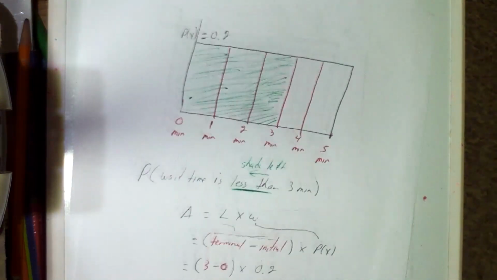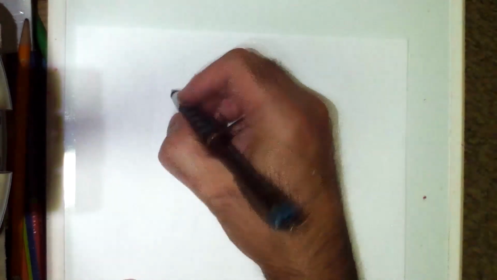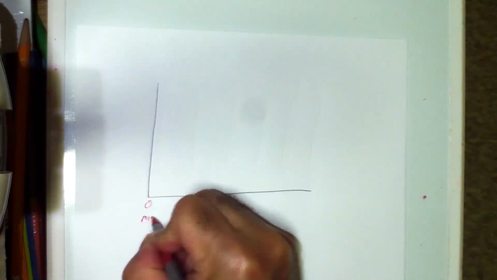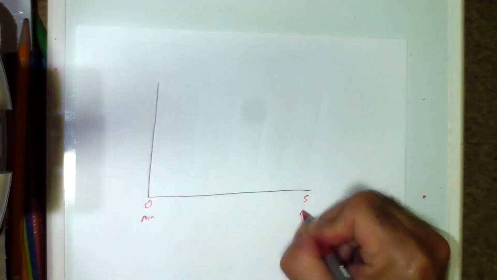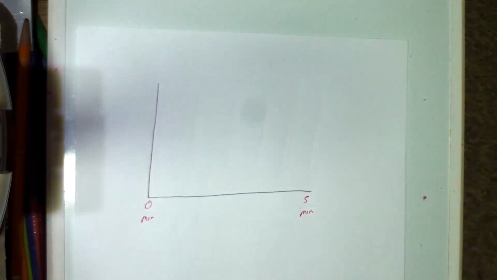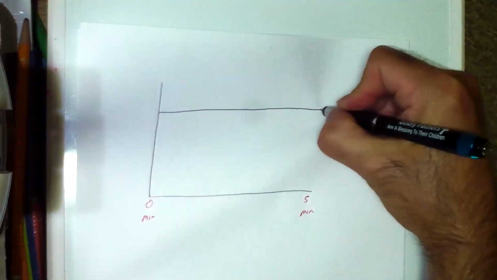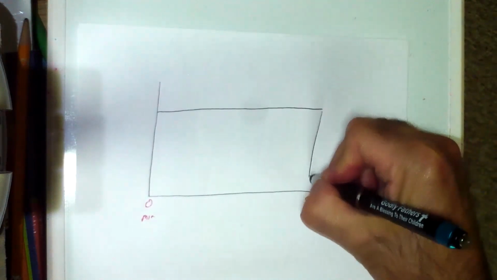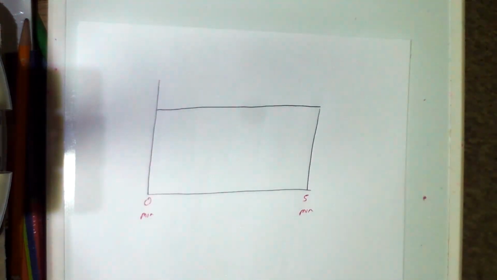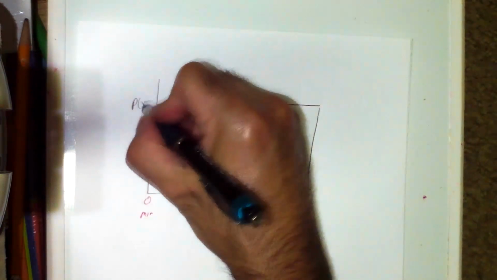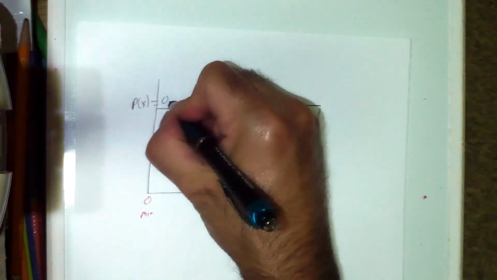Okay. I'm gonna draw the picture again. And this time I remembered. P of x is 0.2.